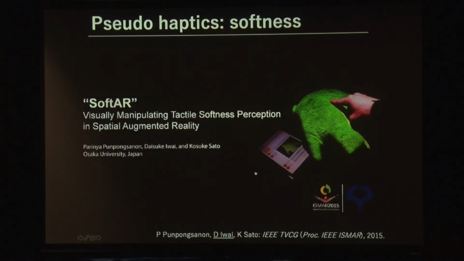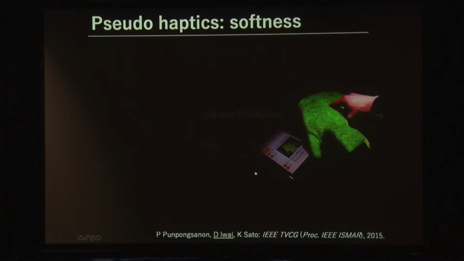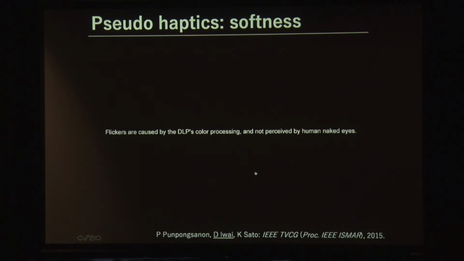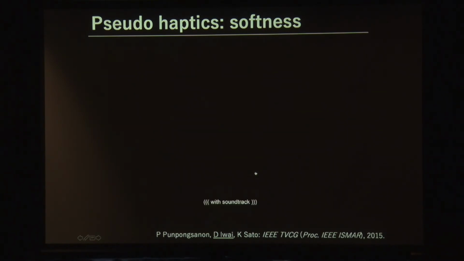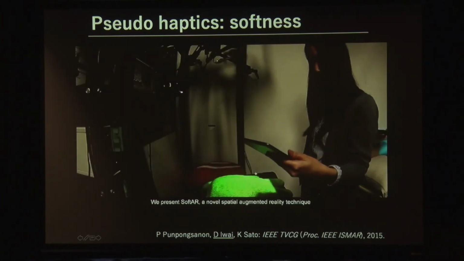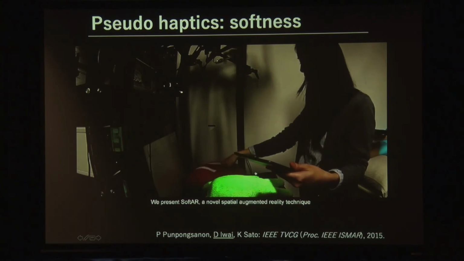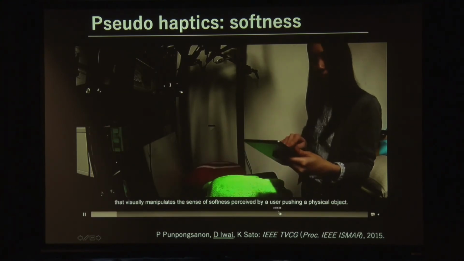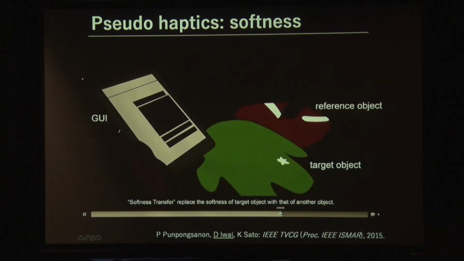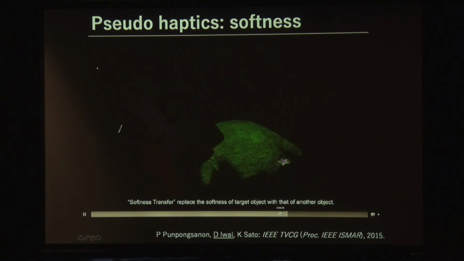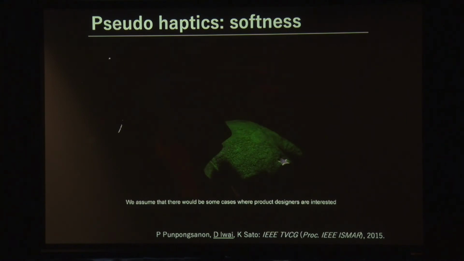We also tried to modulate haptic material sensation by projection mapping using a cross-modal effect. When you touch a soft object with your finger, the texture moves toward your finger, right? So we emphasize the movement of the texture by projection mapping, and we can actually make a soft object feel softer than the actual.